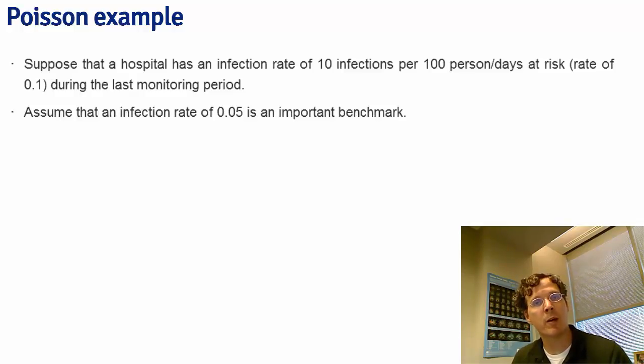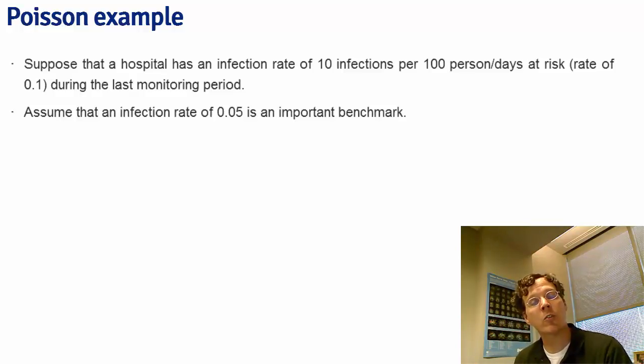If the rate goes above that, they would implement some quality control procedures, let's say. But you don't want to just have these expensive quality control procedures go into place just because of random fluctuations. So you'd like to formally test this hypothesis, accounting for the uncertainty in the data.